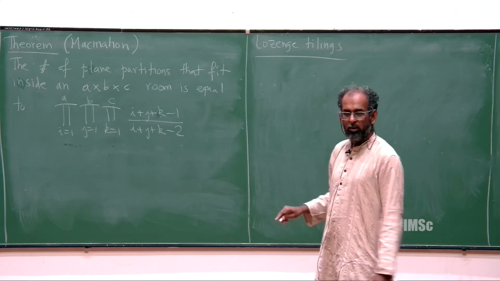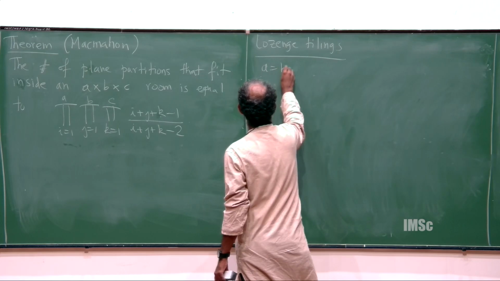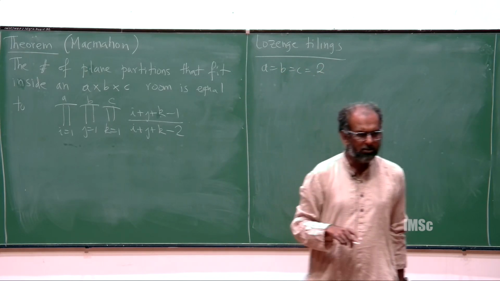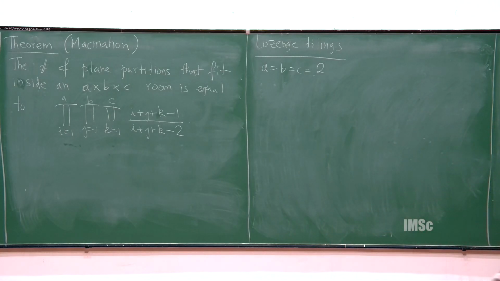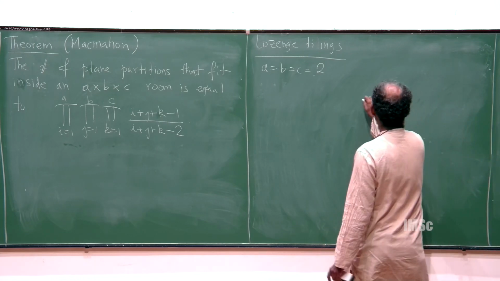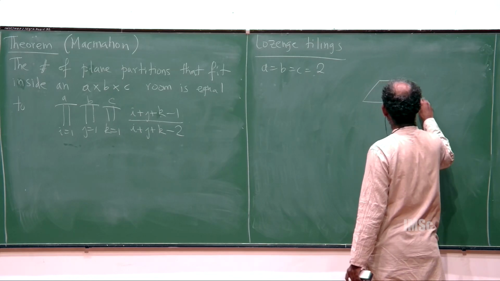Let me show you just for the 2 by 2 by 2 case, A equals B equals C equals 2. Okay, can I just see how your sheet looks? I just want to see whether the lines are horizontal. Okay, yeah, that's good, thank you. So we'll draw a 2 by 2 by 2 hexagon.